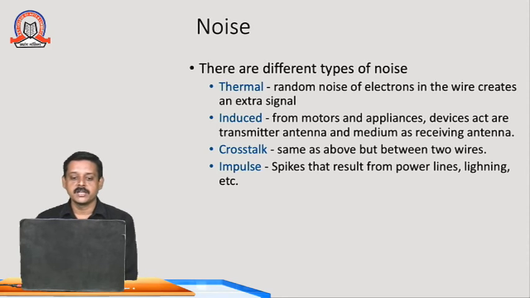And impulse noise: whenever we receive a signal and the signal is affected for a second or a microsecond, that fluctuation due to any kind of reason, like power failure or fluctuation in power lines or lightning or any other medium, is an impulse noise.